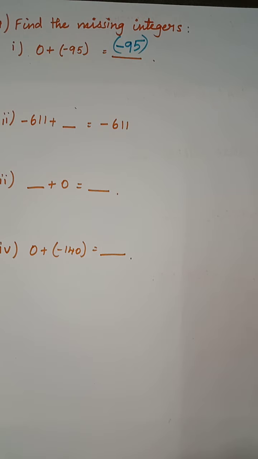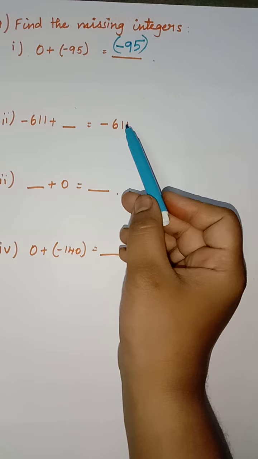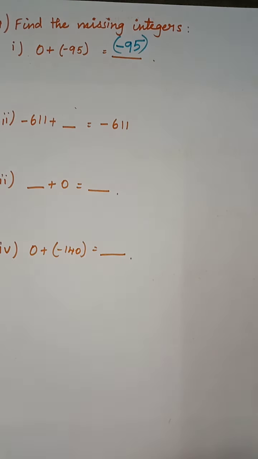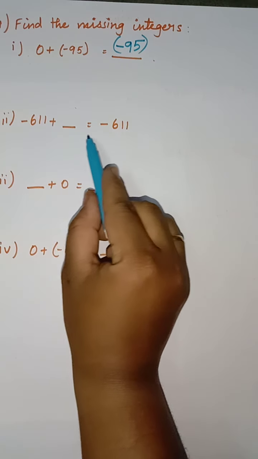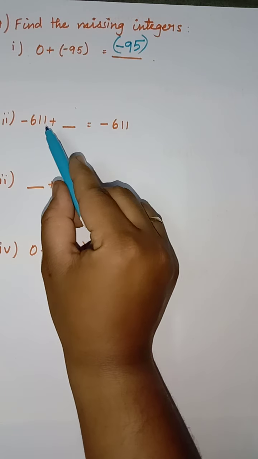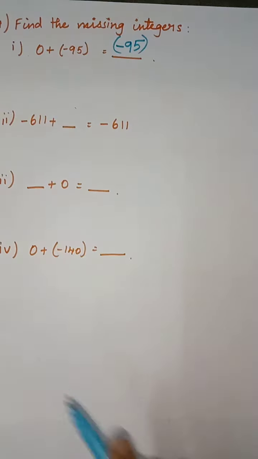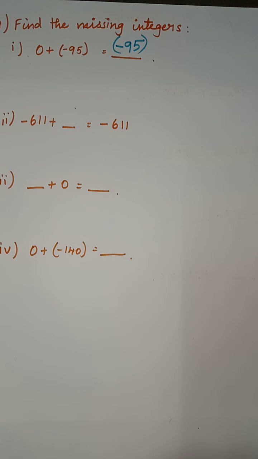Okay, the next one, minus 611 plus dash equal to minus 611. So how will you give the answer here? If you add anything with a number which will give you the same number, what will be your number there?